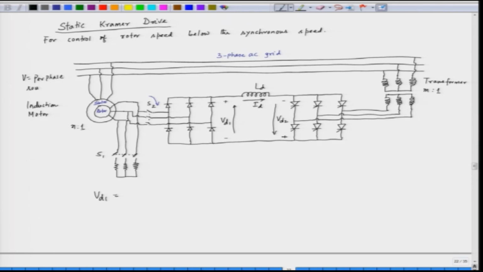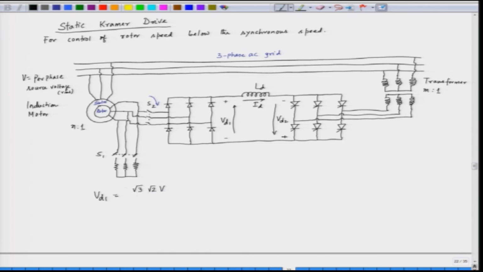If V is the per phase source voltage RMS, the peak phase voltage is root 2 V, and the line voltage is multiplied by root 3.